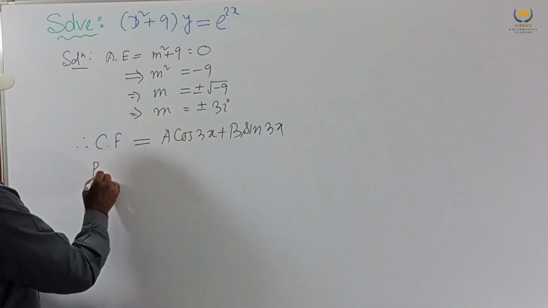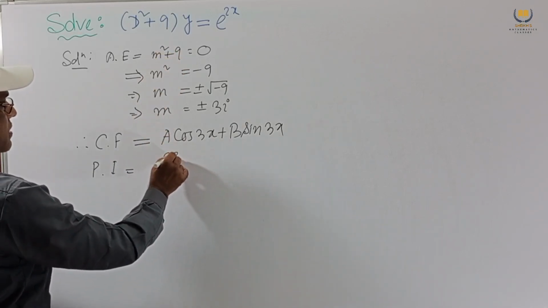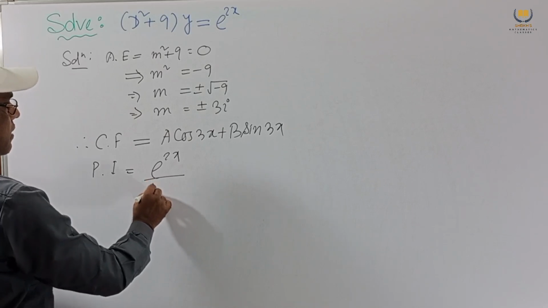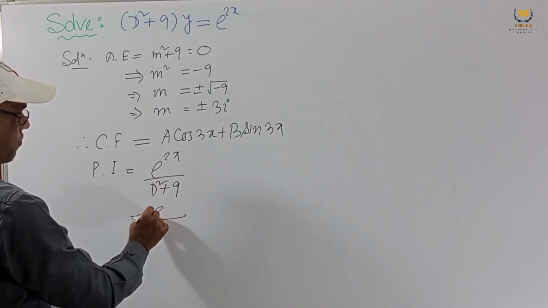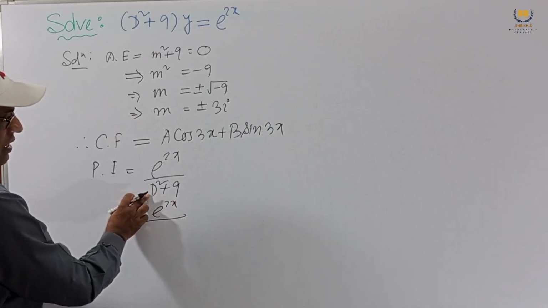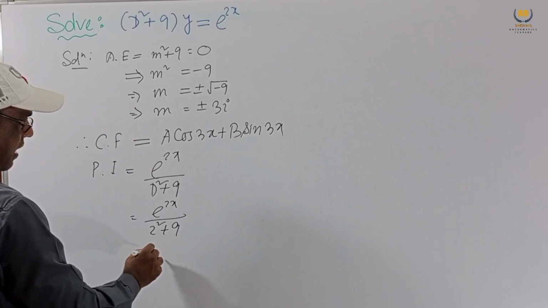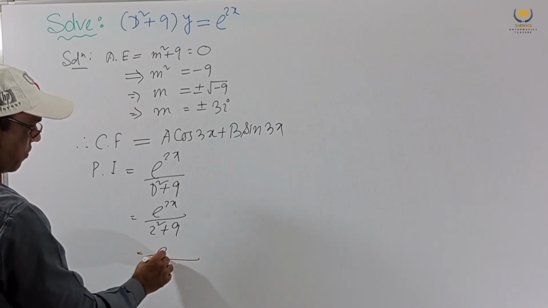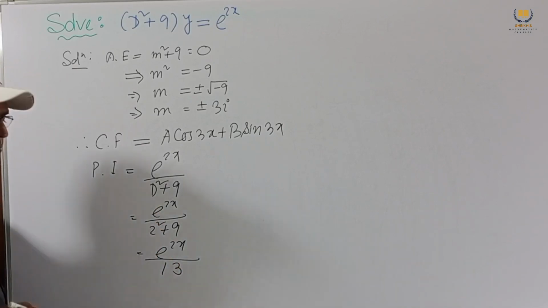Now particular integral, the right hand side is non-zero, so particular integral is e to the power 2x by (D square plus 9). In place of D putting 2, we get 2 square plus 9, and this is e to the power 2x by (4 plus 9), 13. This is our particular integral.